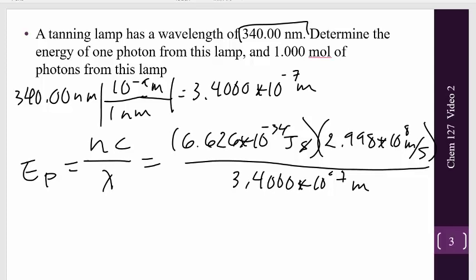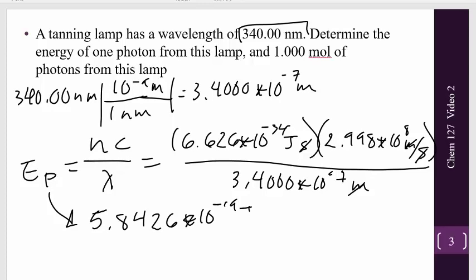So we have seconds canceling out in the numerator, meters canceling out, and we get our energy in joules, which works out to be 5.8426 times 10 to the negative 19th joules.